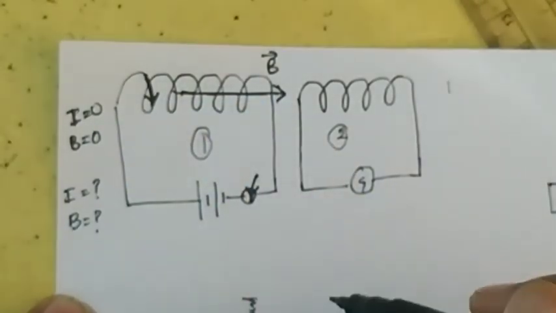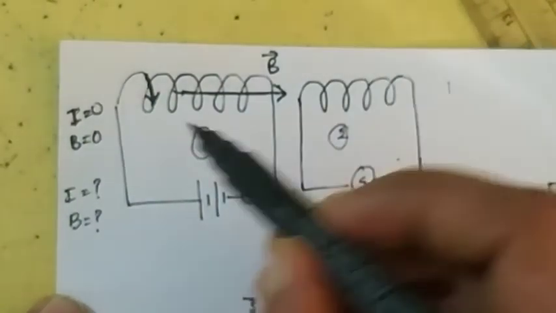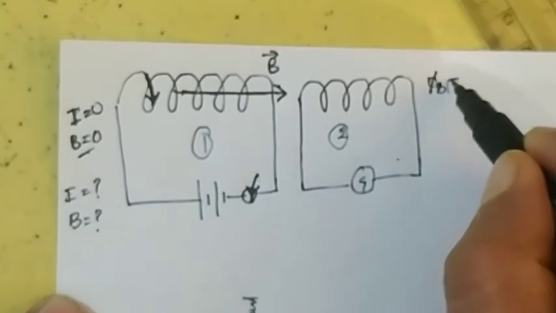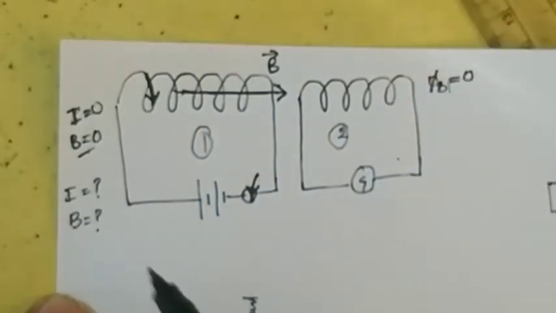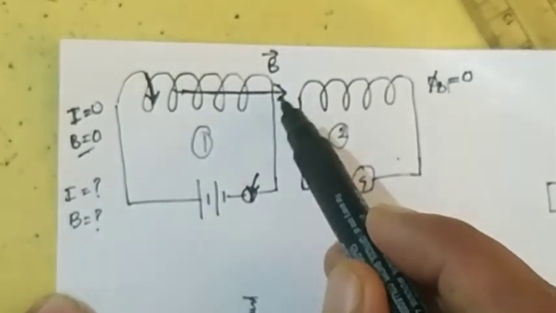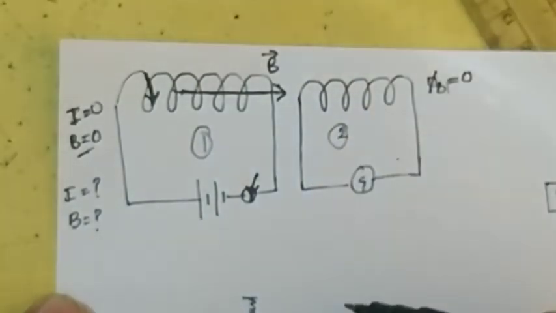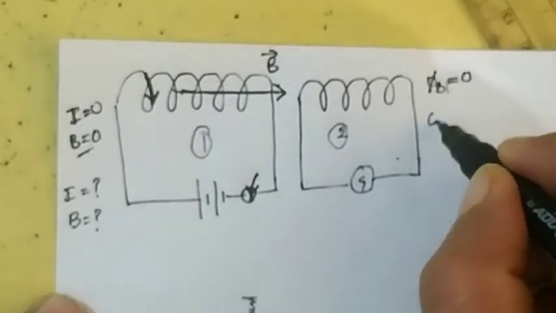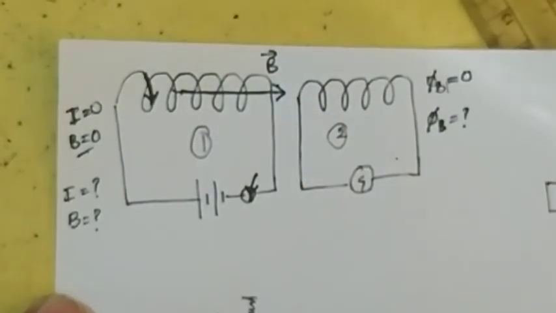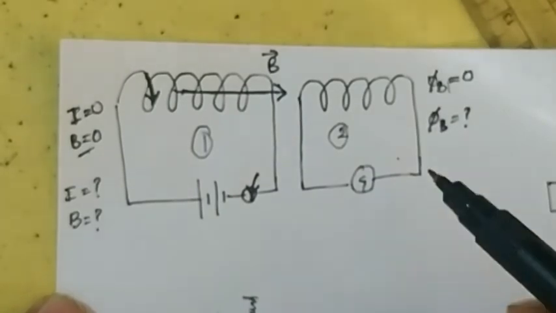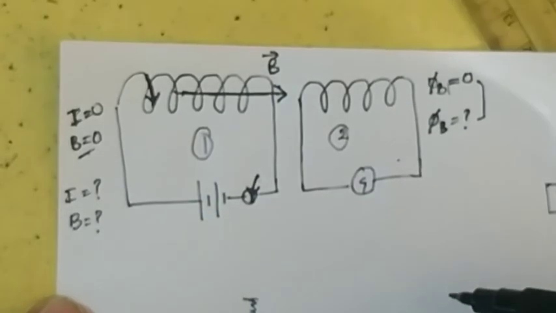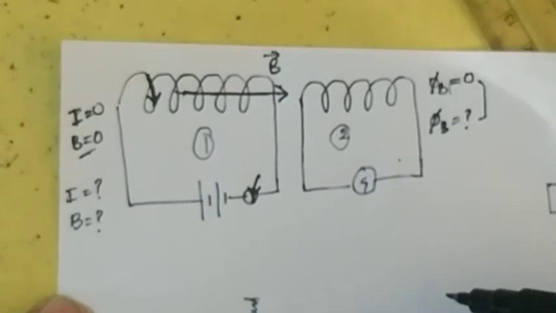If you discuss this coil, initially when the current was not there, there is no flux linkage. Flux linked was 0. As I close this key, the magnetic field gets linked with these coils, so there is some flux linked with these coils. According to Faraday's law, there is a change in magnetic flux from 0 to some value, or we can say there is an increase in the magnetic flux.